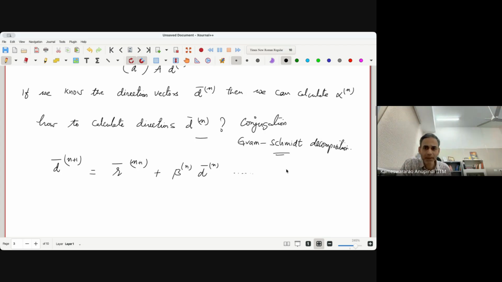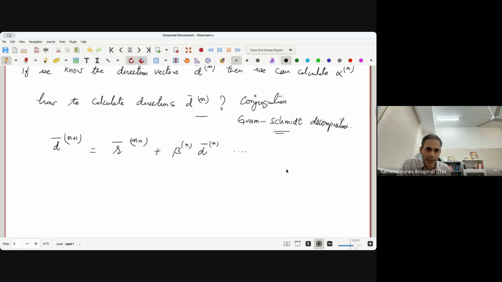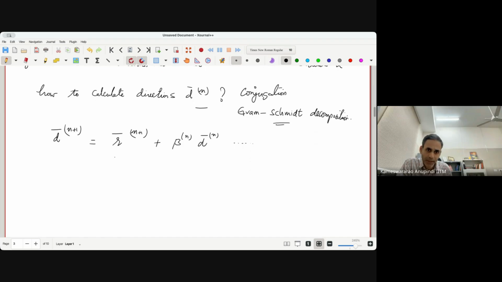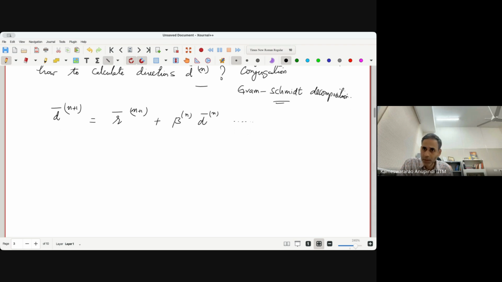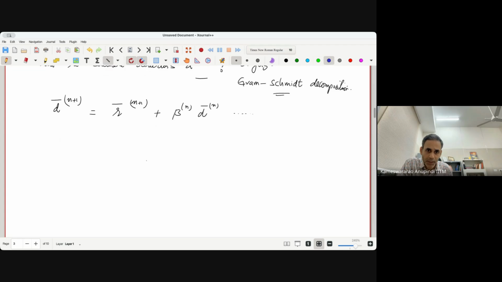This is obtained from Gram-Schmidt decomposition or conjugation. Let us say I have R bar n plus 1 as my direction.